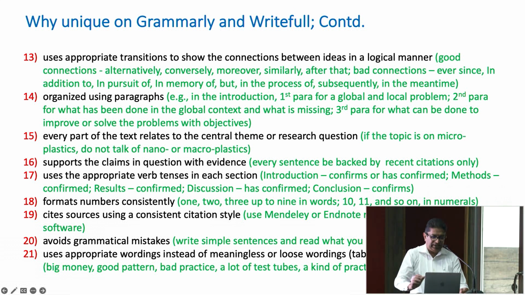Then comes the next one, 18, format numbers consistently. Whenever you write in your manuscript 1, 2, 3, up to 9, always write them in words. You do not write the numeral nine. That is wrong. Right? You have to say N-I-N-E.